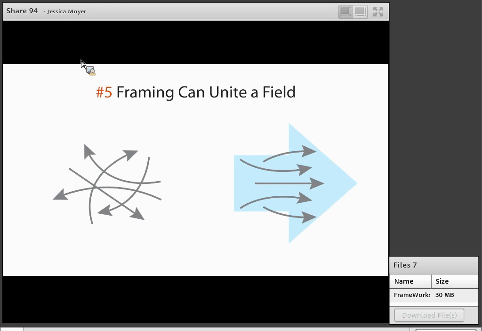But together as a field, adopting a shared framing strategy is a way to make sure that all the different things that you're saying are compatible with one another. They're not conflicting with one another. You're not making each other's jobs harder. In fact, you're able to say things that reinforce one another and that are aligned in a way that all lead to the same vision of social change. That's the potential that adopting a shared framing strategy can have.